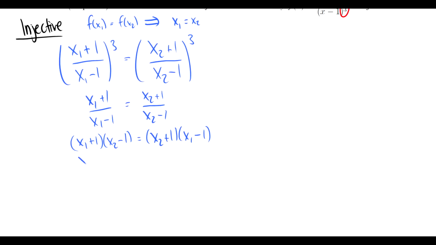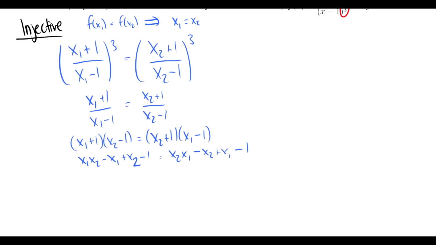So we can multiply this out. This is going to be x1x2 - x1 + x2 - 1 is equal to x2x1 - x2 + x1 - 1. So that was just some expansion on both sides. Let's make this look nicer.